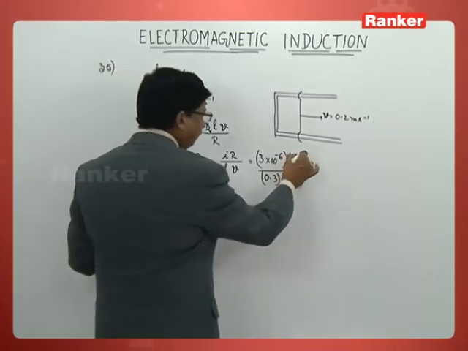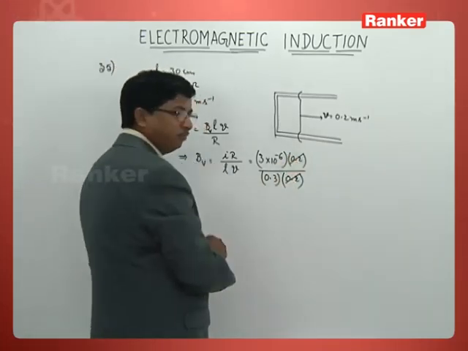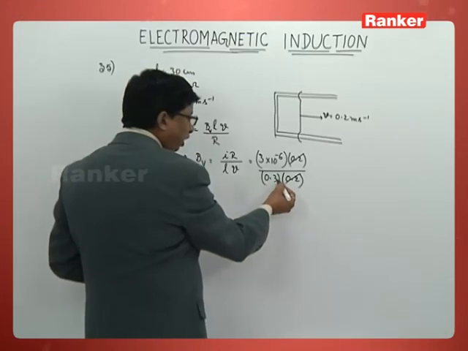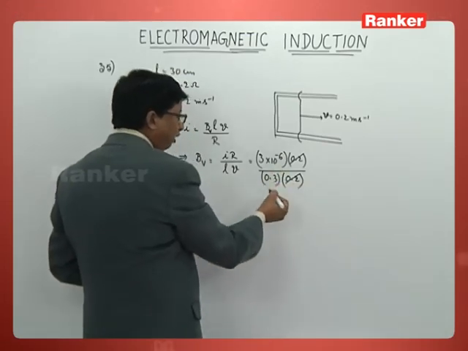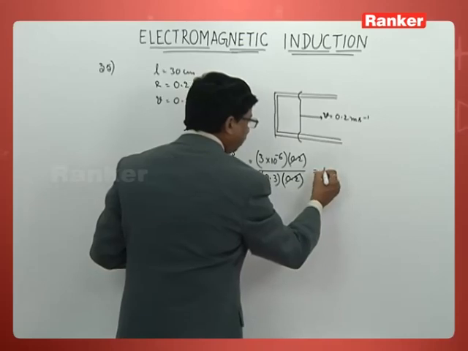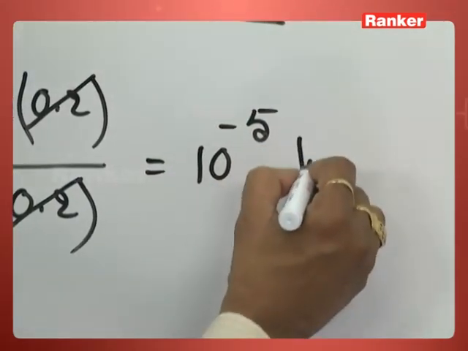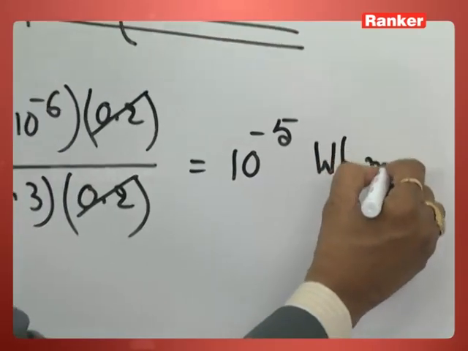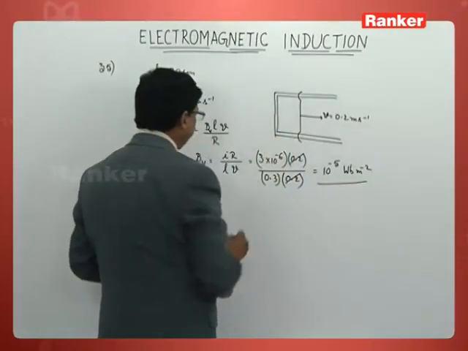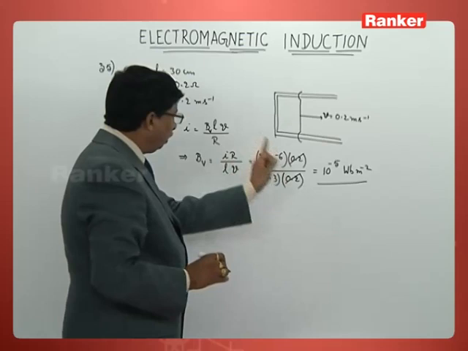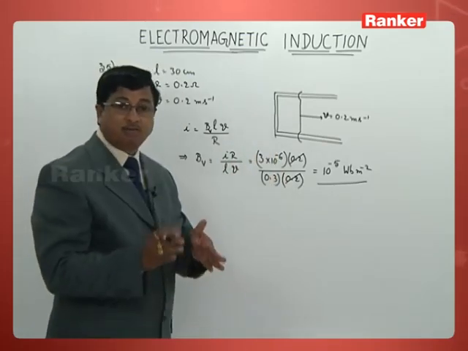So you can first of all cancel these two here. This is 3 × 10^-1. So automatically you will be getting 10^-5 Weber per meter square. This is the vertical component of Earth's magnetic field.